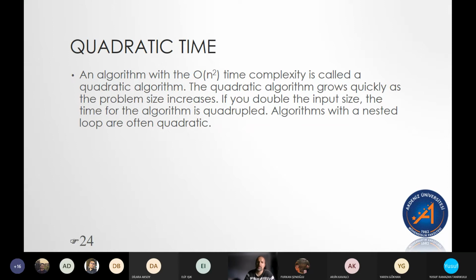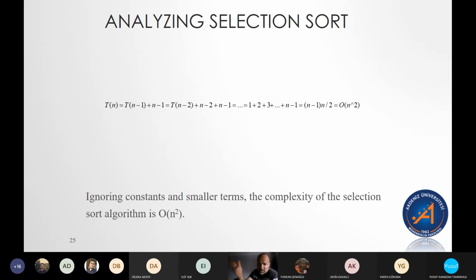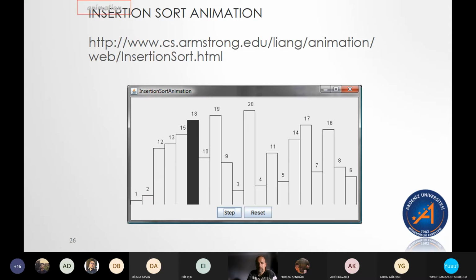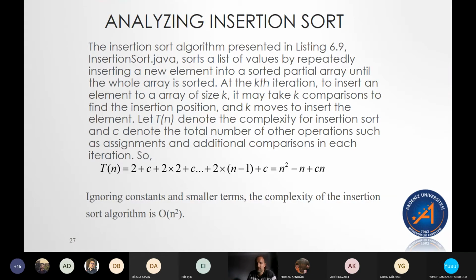Because that's n squared. If it was k squared for the size k set, 10k is going to be 100k squared, right? So it's going to take 100 times the amount of time. It's a lot slower. All right. This is how we would analyze that. Insertion sort is another example of an n squared algorithm. Okay.